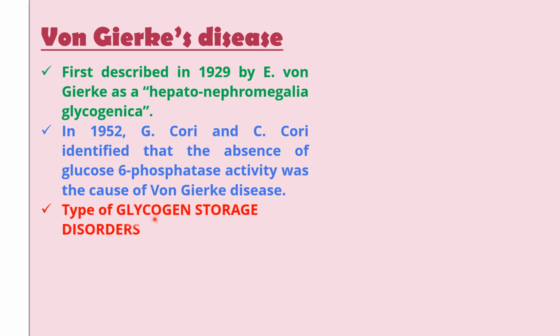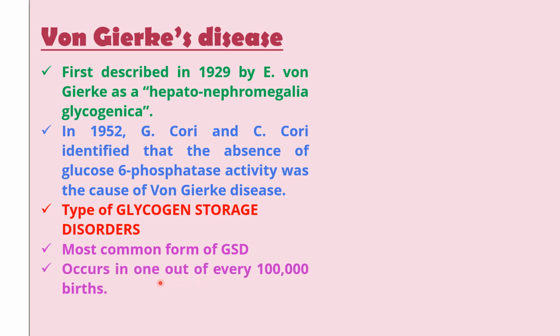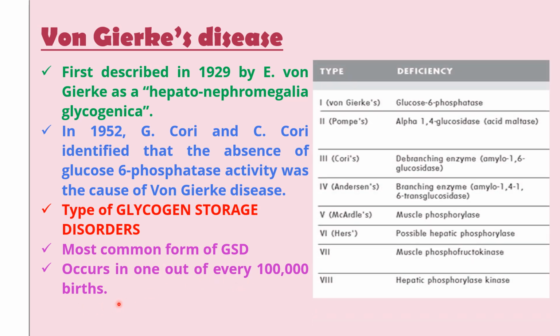Now, von Gierke's disease is a type of glycogen storage disorder. Also, it is the most common form of glycogen storage disorder. Frequency of von Gierke's disease is 1 out of every 1 million births. This is the table showing the other glycogen storage disorders.